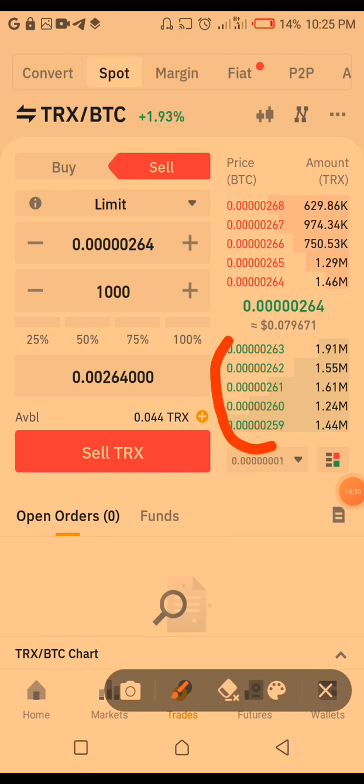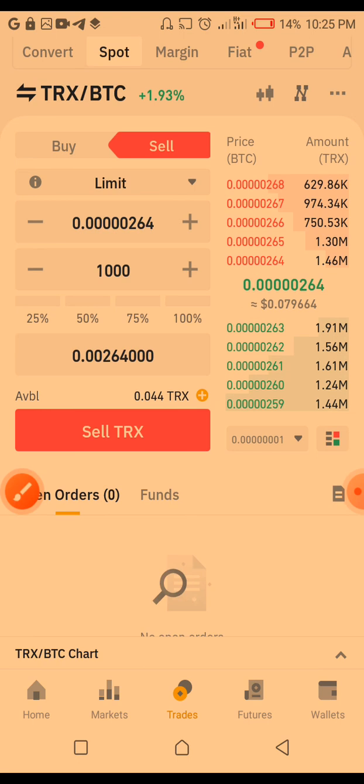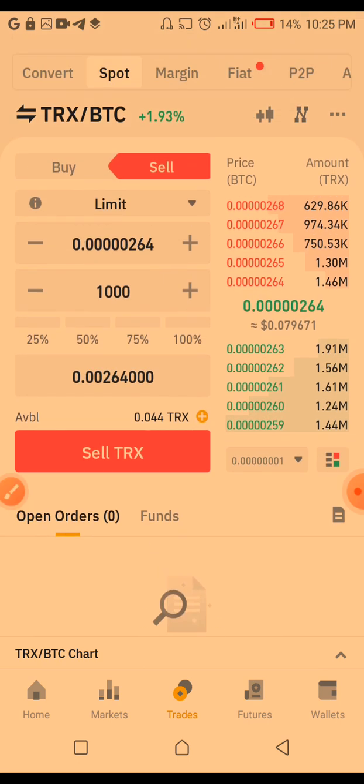All this I'm showing you now will help you to execute fast, because if you just type in anything, the order might be pending for a very long time and not execute. So it's better you choose something under this green button, since you are selling to buyers. Remember, I said green people are buyers. Because you want to sell now, you are selling to green people, which is buyers.